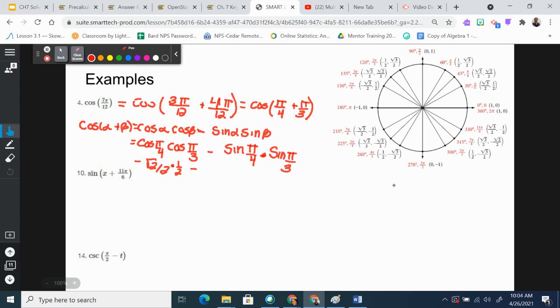So the y-coordinate is square root of 2 over 2 still, times the sine of pi thirds. So I'll go to pi thirds, my y-coordinate is square root of 3 over 2. Let me just make a little more space. I'm going to finish writing it over here.